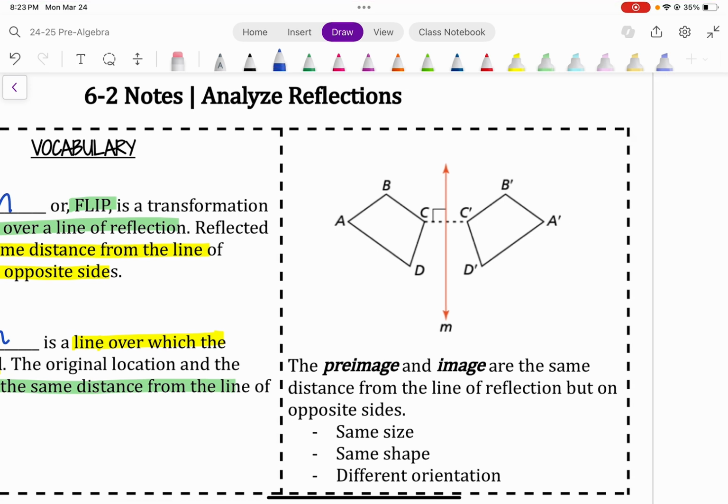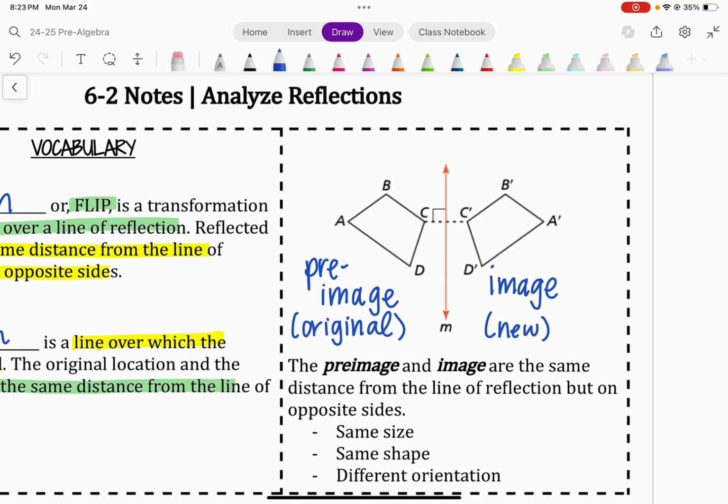So here we can see an example. On the left side, we have the pre-image. That's the original. And on the right, we have the image. That's the new one, and I can tell that from the prime markings.